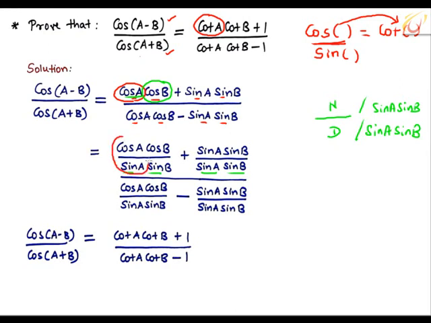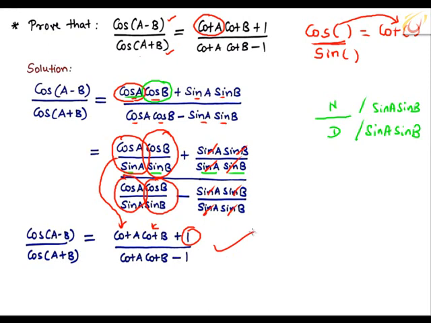Cos A upon sin A will become cot A. Cos B upon sin B will become cot B. Sin A sin B cancels. So what we have? Plus 1. Similar working on the denominator gives you cos A upon sin A, cot A, cos B upon sin B, cot B, sin A sin B cancelled. You get minus 1. Hence the answer.